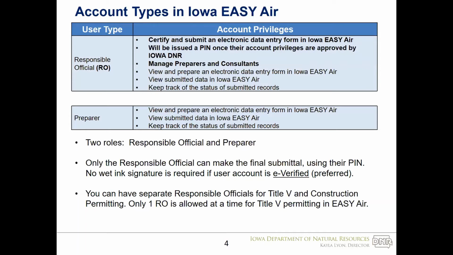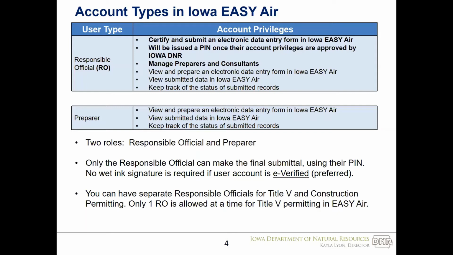So what we have here, the account privileges of a preparer to view and prepare an electronic data entry form in Iowa Easy Air, an application, view submitted data in Easy Air. So if you've submitted an application, you can go find it, and you can keep track of the status of that application as it works its way through the review process.